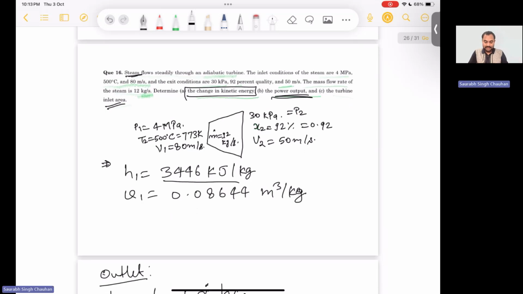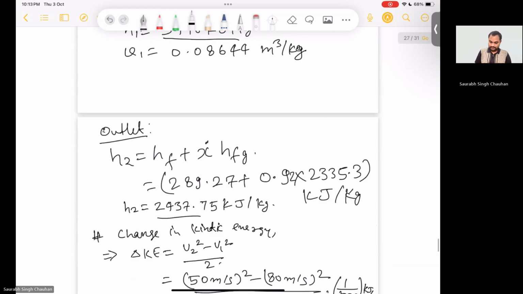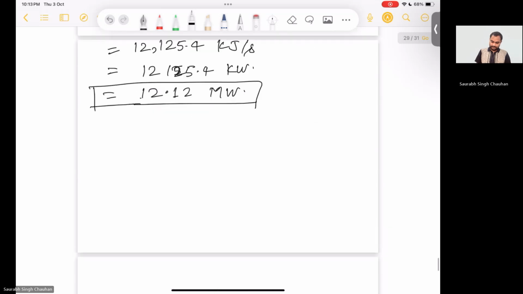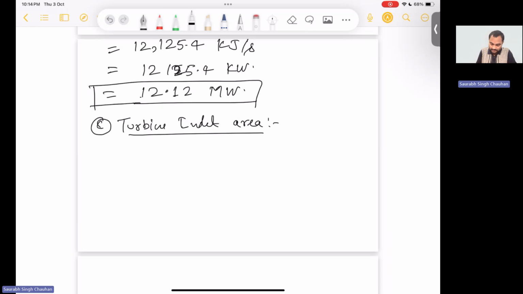We have to find turbine inlet area. For turbine inlet area, you can use the equation for mass flow rate, that is m dot is equal to rho a v, and mass flow rate is constant, so you can use this equation at inlet because velocity is given at inlet, mass flow rate is given.